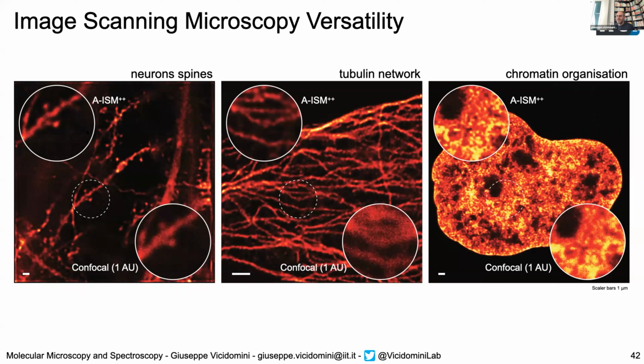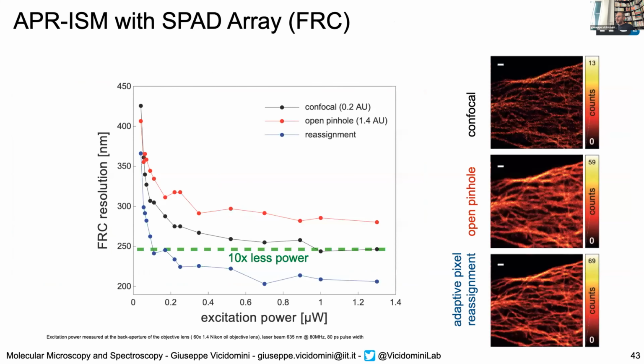So, for example, here is an imaging of some neuron spines in a tissue, in a slice of brain. We make imaging up to 300 micrometers in depth. Another example is here, the chromatin organization. As you can clearly see, there is much more detail in your adaptive Pixel-Reassignment images. So up to now, I just told you that you get an enhanced resolution, but I never quantified such enhancement of resolution.